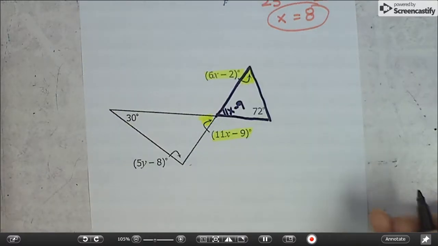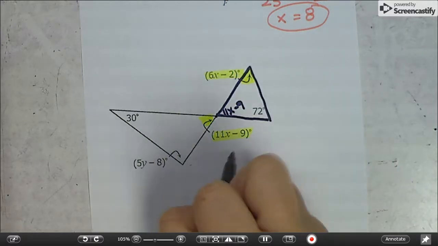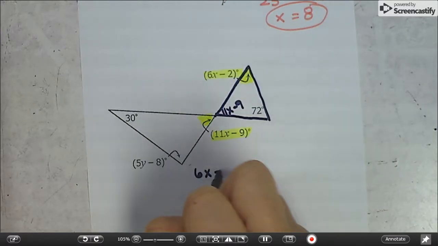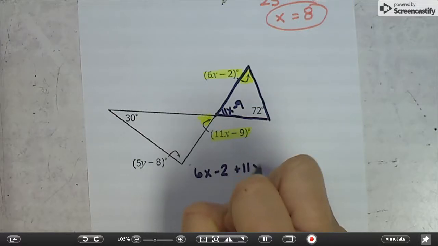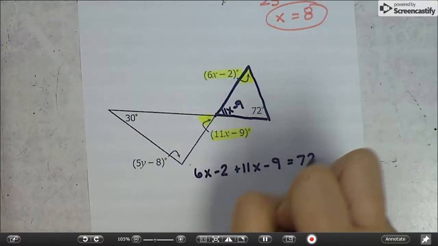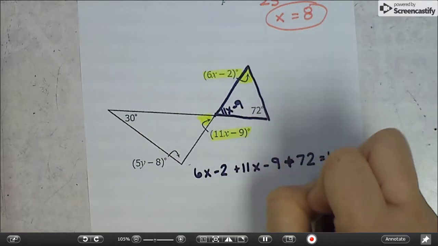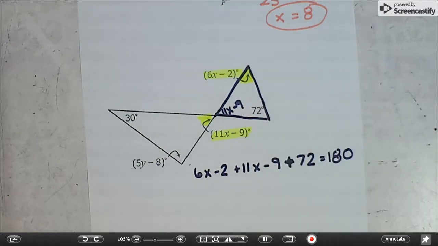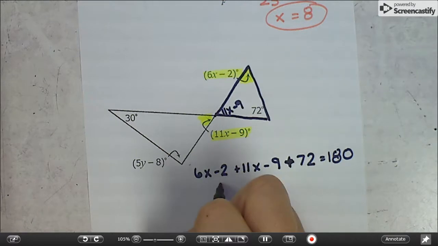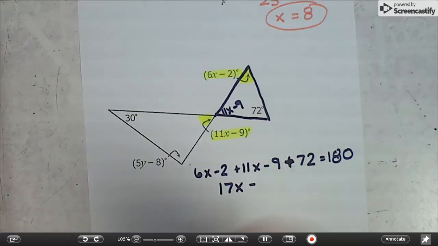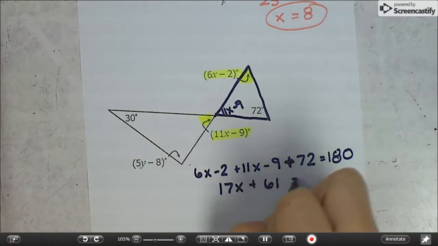To find x, we would say 6x minus 2 plus 11x minus 9 plus 72 equals 180. Simplify that. So 17x plus 61 equals 180.